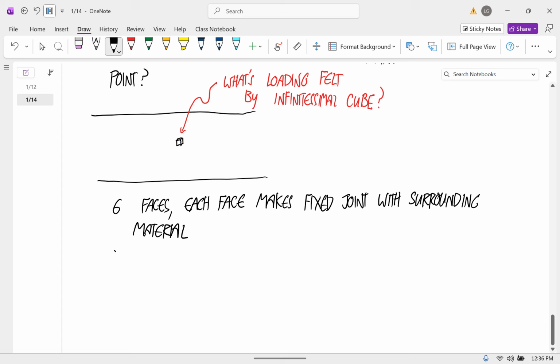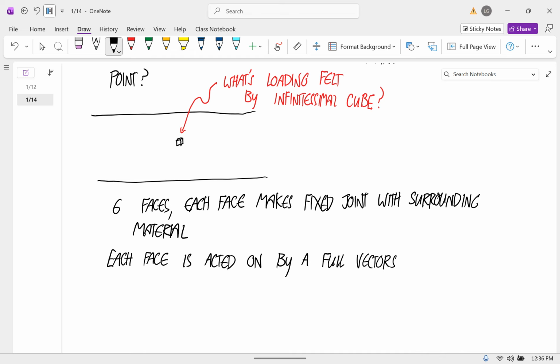So each face is acted on by a full vector of forces and a full vector of couples.